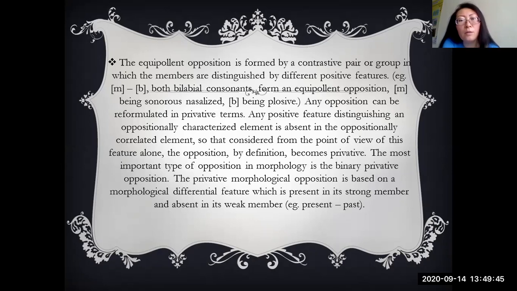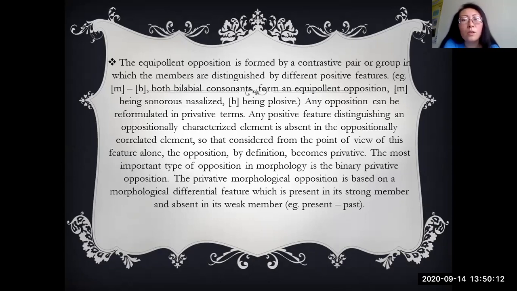Any opposition can be reformulated in privative terms. Any positive feature distinguishing an oppositionally characterized element is absent in the oppositionally correlated element, so that considered from the point of view of this feature alone, the opposition by definition becomes privative.